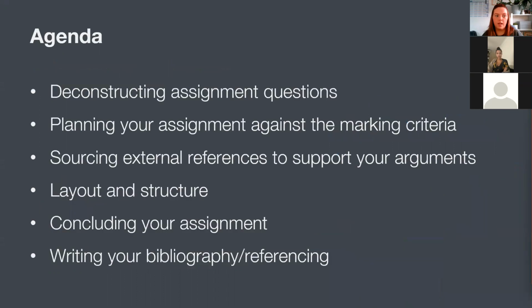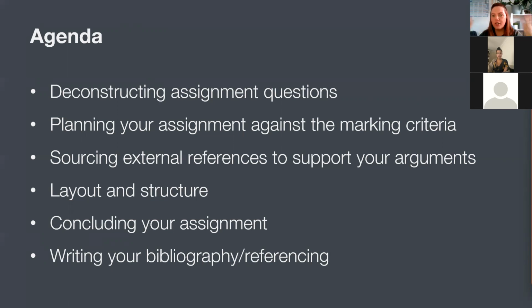And here's the agenda. So we're going to look at how we deconstruct assignment questions, how you should plan those assignment answers against the marking criteria that they've given you. We'll look at referencing as well. That's a question we get asked quite a lot. What is the referencing supposed to look like? And what extra resources can I use?